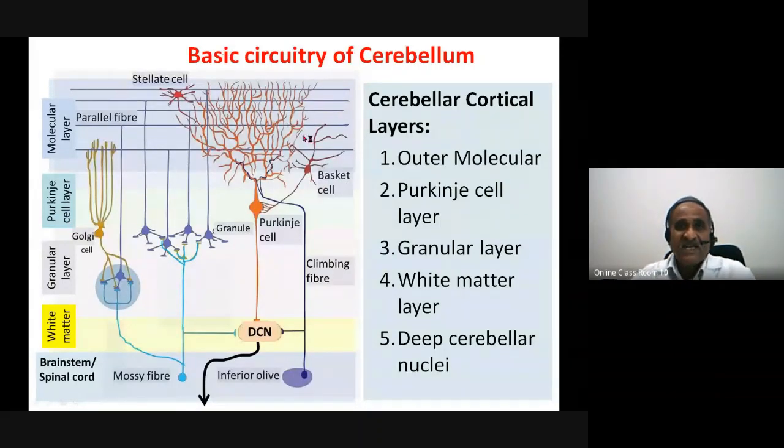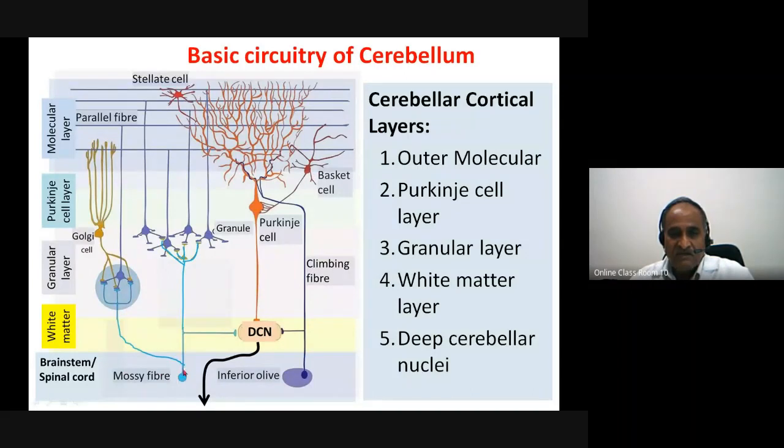Also basket cell and stellate cells. You can see the outer molecular layer, Purkinje cell layer, granular layer, white matter, and brainstem or spinal cord. Now come back here, you have this mossy fiber.